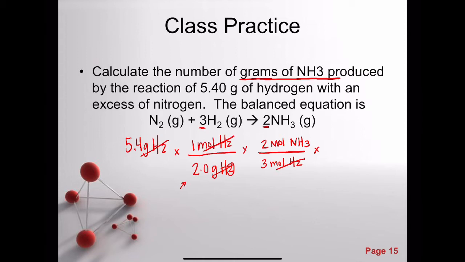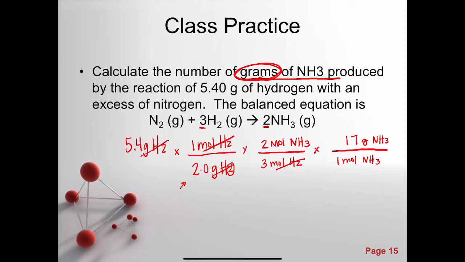Now, our question is really asking us about grams of NH3. So in 1 mole of NH3, if you add up those masses on the periodic table, you should get it to be 17 grams of NH3 in 1 mole, okay? Nitrogen is 14, and then hydrogen is 1 each, so that makes 17.